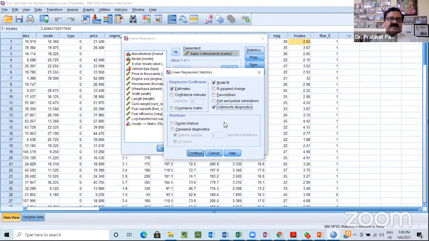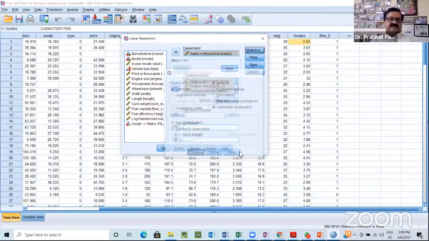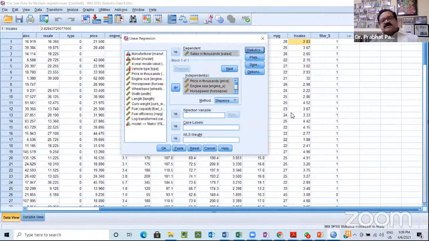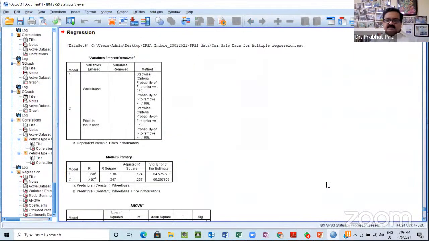So if multicollinearity exists in your data set, your predictions are going to shoot off in one direction. So it's not going to give you a very good picture. So for that, we need to do stepwise analysis.